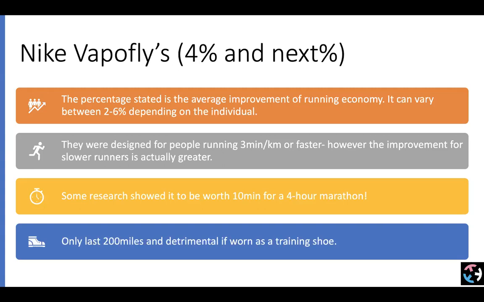So if you're running 14:30 and then suddenly you can run 14:10, well, that's a massive improvement, and that's something that shouldn't be overlooked. And generally, most elite triathletes now wear some form of carbon-plated shoe. However, they only last a pretty small amount of time, 200 miles, so they'll wear pretty quick, and they're also detrimental if worn as a training shoe.